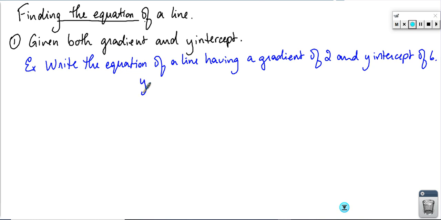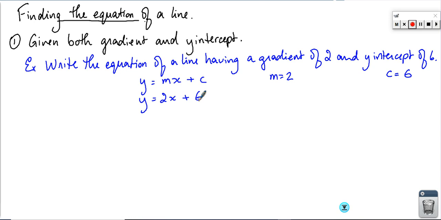So if we look at our equation, y equals mx plus c, the gradient is 2, the gradient is m, so we know that m is 2. The y-intercept is 6, so we know that c is 6. So substituting, we get y equals 2x plus 6. Very straightforward, a very straightforward problem and a very straightforward answer.